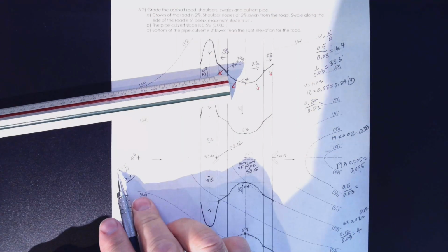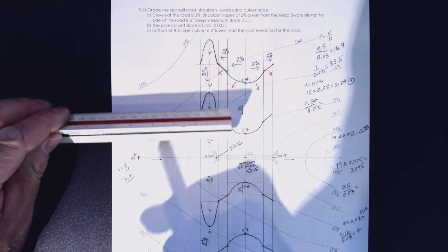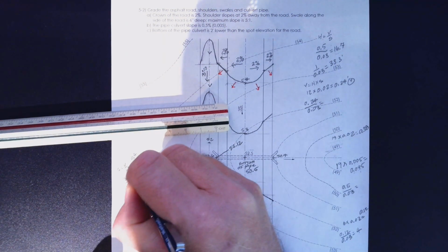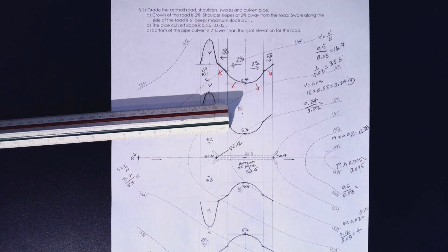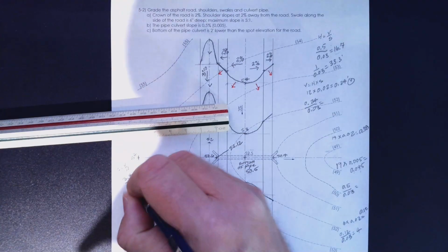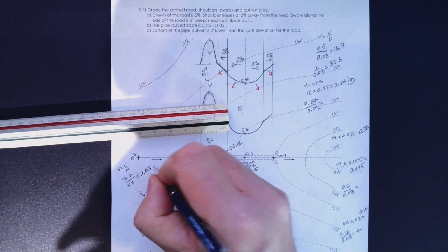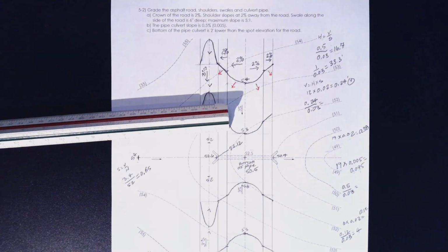Horizontal is 52. What do we get? 3.4 divided by 52 equals 0.65, so 6.5%.